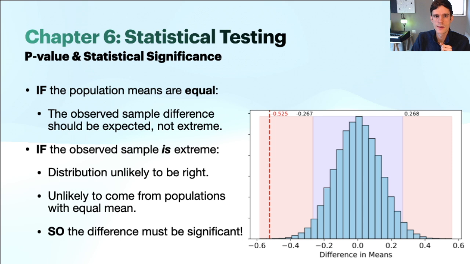If, on the other hand, this value is extreme compared to the underlying distribution, then that means that this distribution is unlikely to be right, meaning that the null hypothesis is likely to be wrong, which in turn means that the underlying populations are likely to be different. And thus, you can conclude that the sample statistic of your specific sample is indicative of the underlying population statistics, which is what you set out to prove.